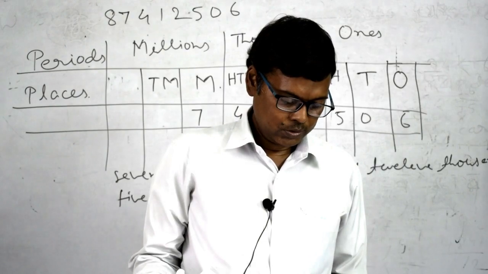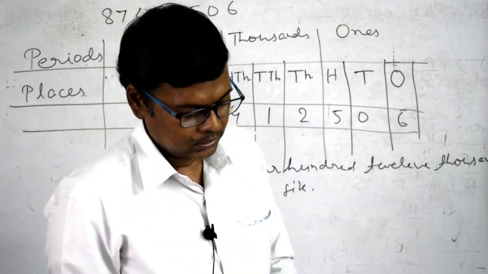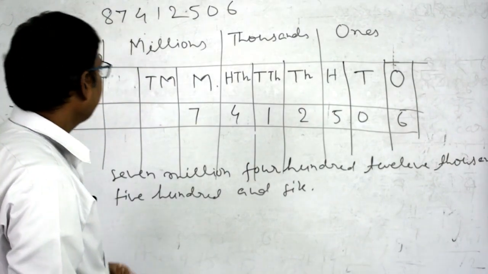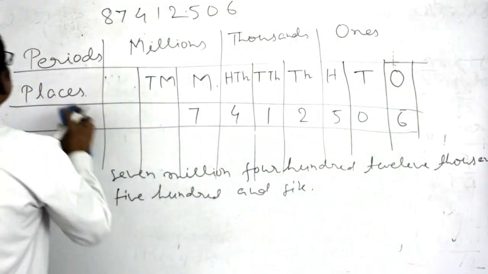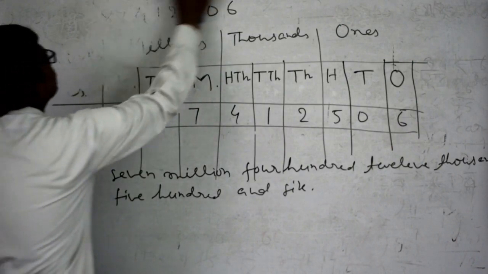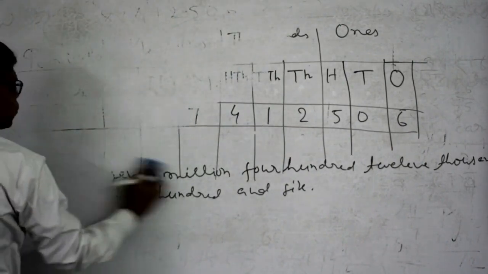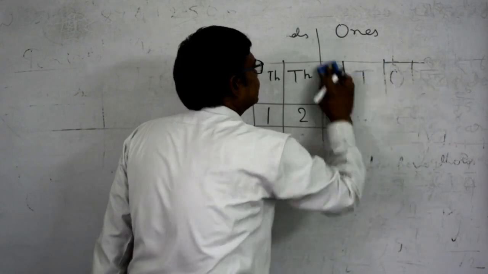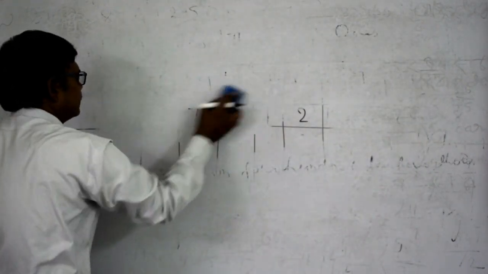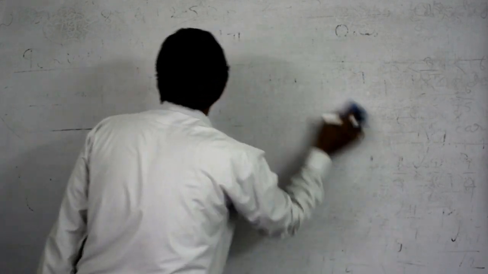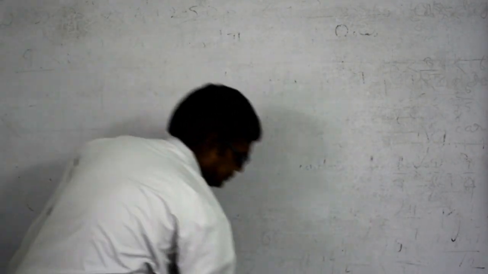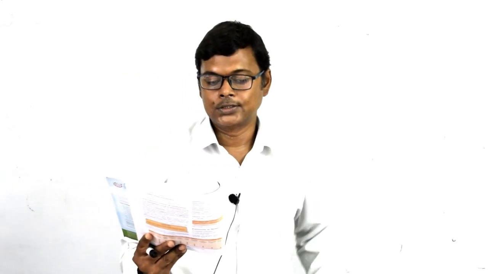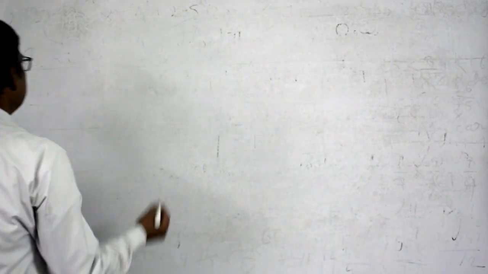So now we will solve some questions in this, that is exercise 1.1. The first question is: write the following numbers in words.